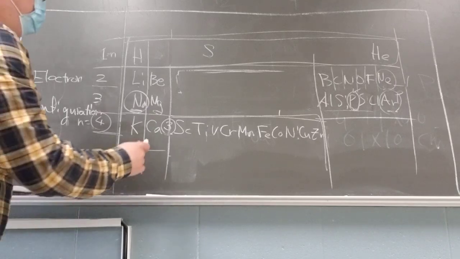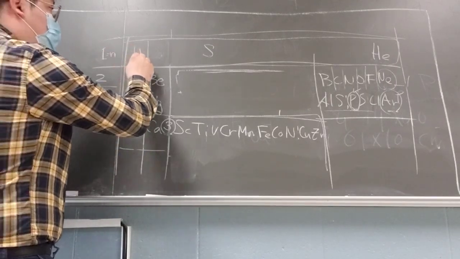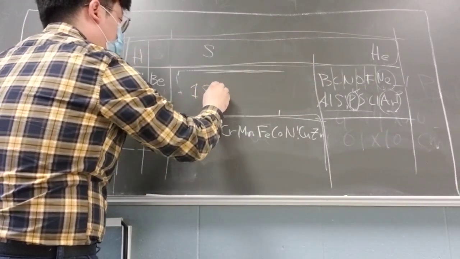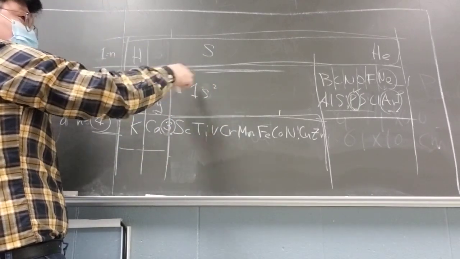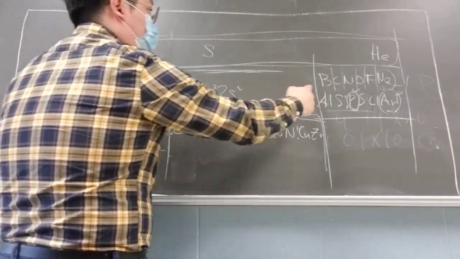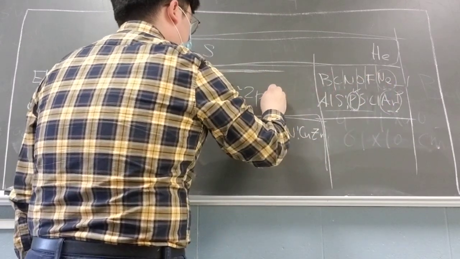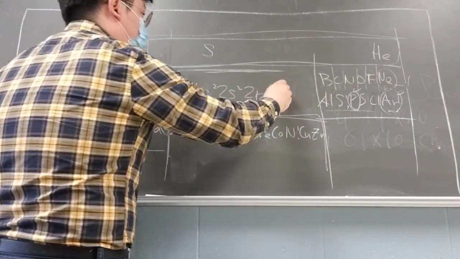All right, so here's the thing. We get from here to here, okay? So it'll be 1s2, in the s block, just to make it small. And then the next will be 2s2, and this is in the p block, so it'll be 2p 1, 2, 3, 4, 5, 6, 2p6, and now we got to this one, which is 3s1.